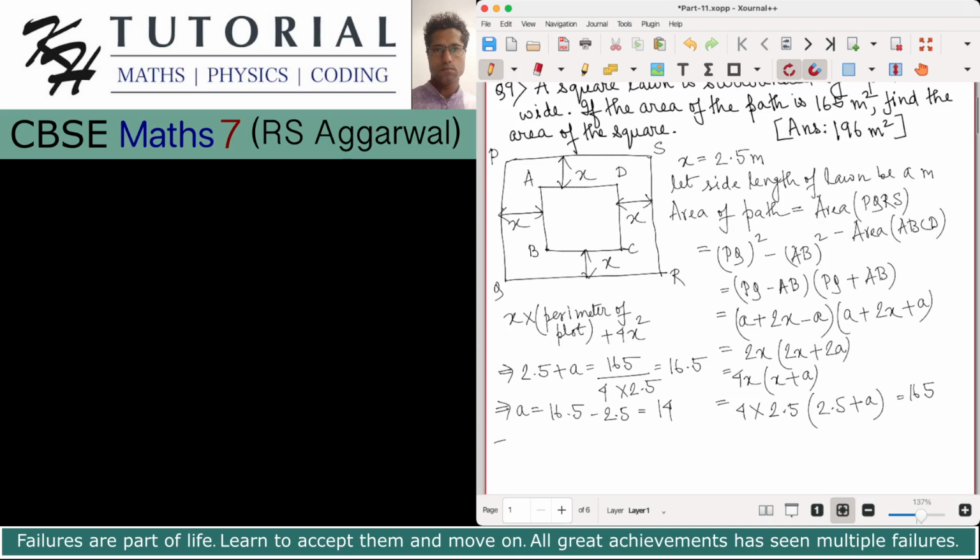So this implies the area of the lawn is equal to the area of the square ABCD, which is equal to AB square, which is equal to 14 meter square, which is equal to 196 meter square. 196 meter square is the area of the square.